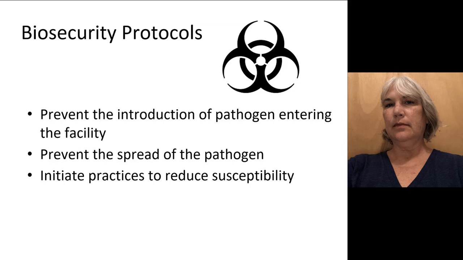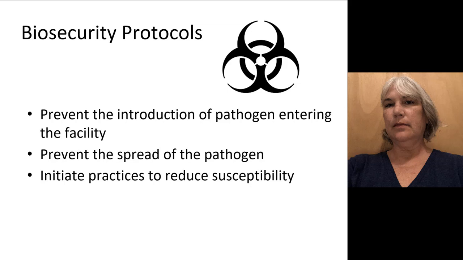So biosecurity protocols, and this is something that Lynn and Louisa touched upon with the plant portion. We can also introduce this with the fish as well. And there's really three principles with a biosecurity protocol. First, you want to prevent the introduction from even coming into your facility.